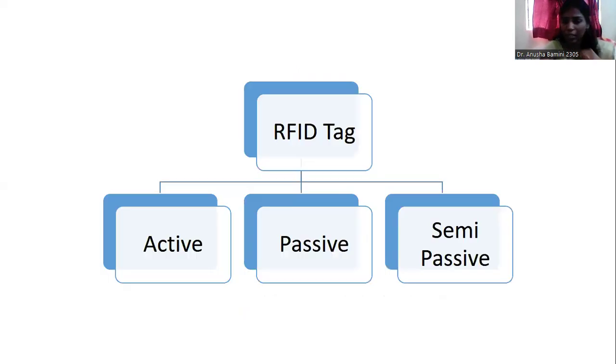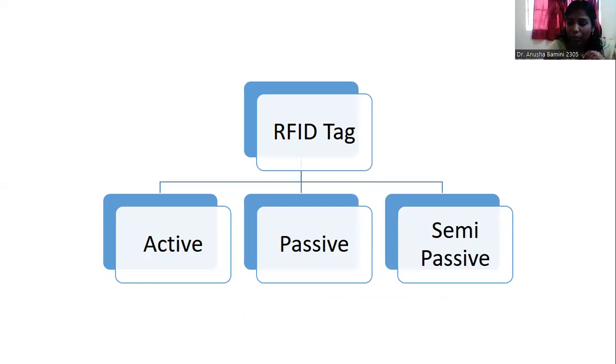Okay, so this RFID tag can be utilized in three forms called active RFID tag, passive RFID tag, and semi-passive. Active means it has an on-board battery, and it broadcasts the signal. It has the battery, that's why it is called an active RFID tag.